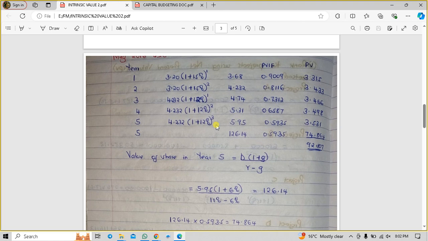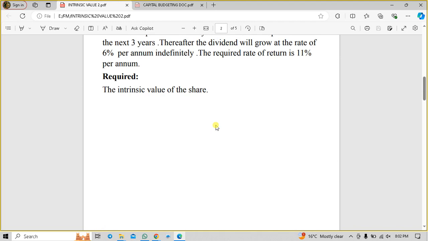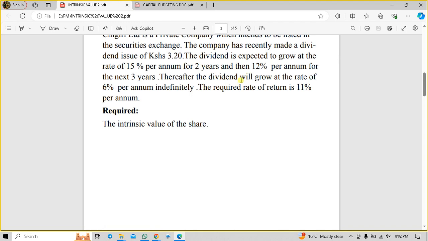So let's try this one. 1 plus rate, 1 plus R. R is the rate, and for PVIF we use the required rate of return.